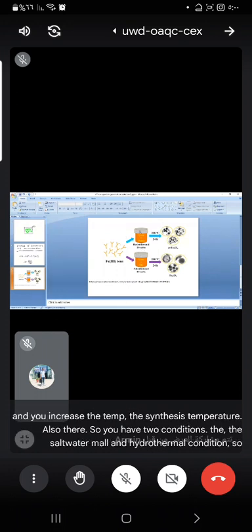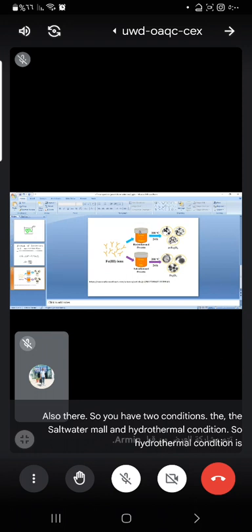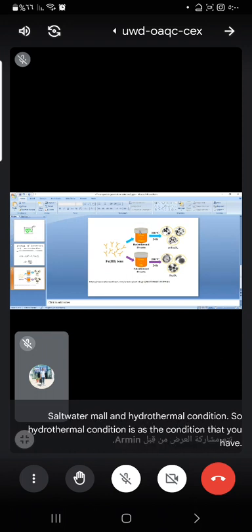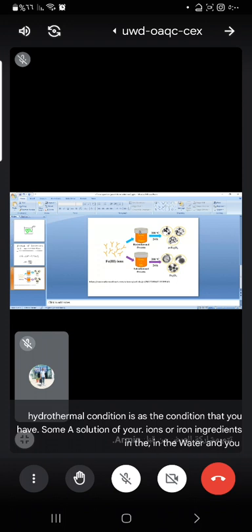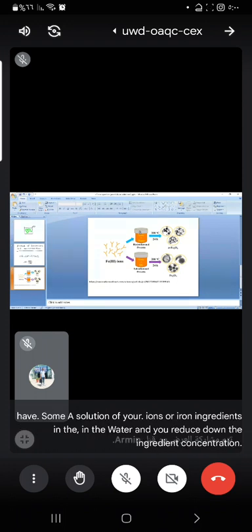The hydrothermal condition is the condition where you have a solution of your ions or ingredients in water, and you reduce the ingredient concentration.